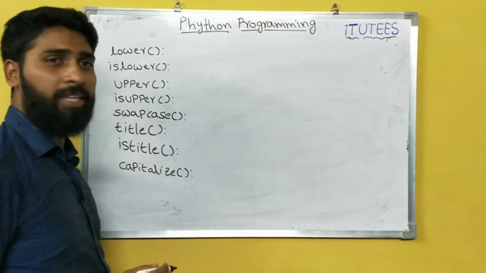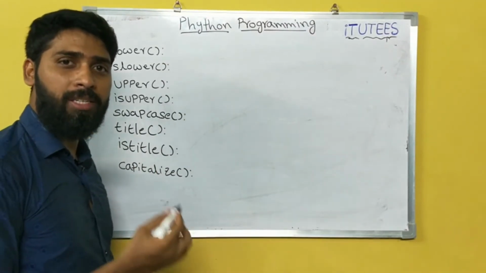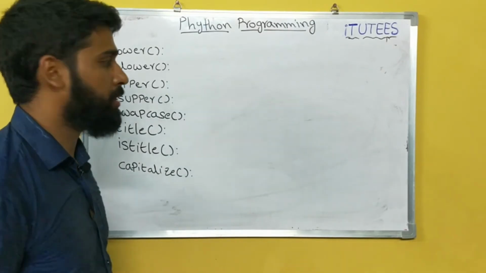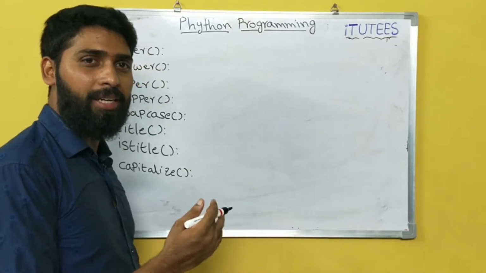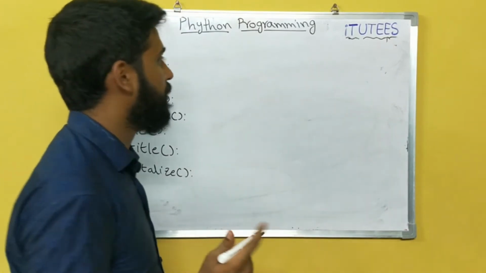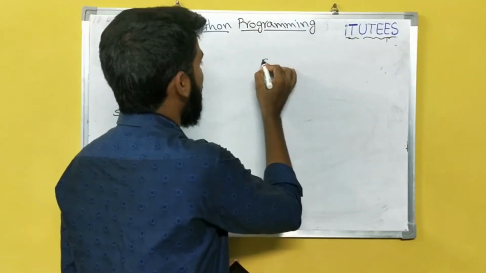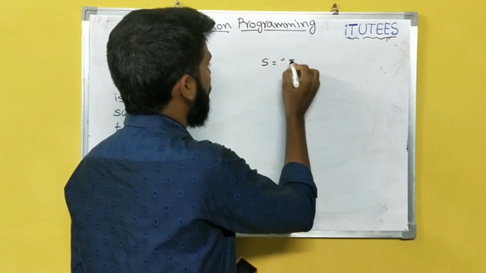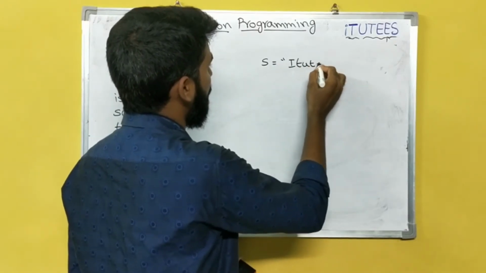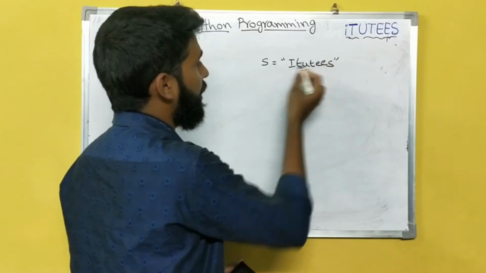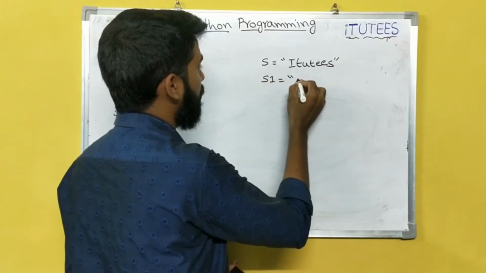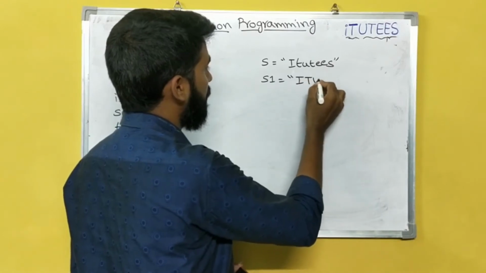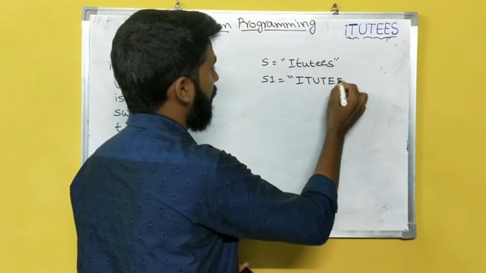So lower function can convert all the characters in a string into lowercase. Actually it cannot convert. It prints in lowercase. So for example, I am taking s equals to ITUTEES, S capital. S1 equals to ITUTEES, all capitals.